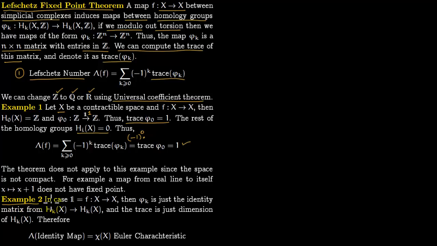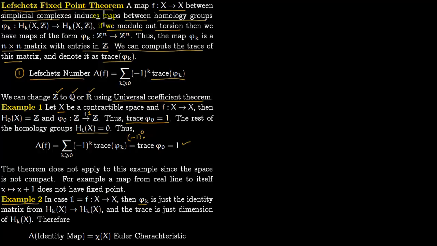Another example is, in case you have an identity map, so f is an identity map from X to X, then phi k is just the identity matrix from Hk to Hk. Say this Hk is of the form Z^n, then you have the identity matrix from Z^n to Z^n, which will have 1 on the diagonal.